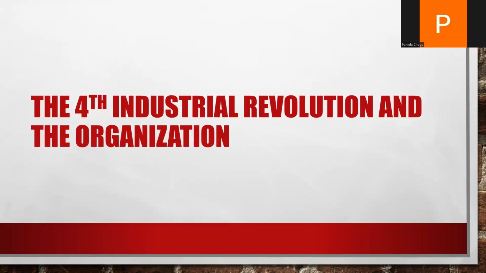Now, these industrial revolutions are basically in line with technologies that are being used in production. In the first industrial revolution, this is the era where mechanization of steam and water power was introduced. So that is when they started using steam and water power.